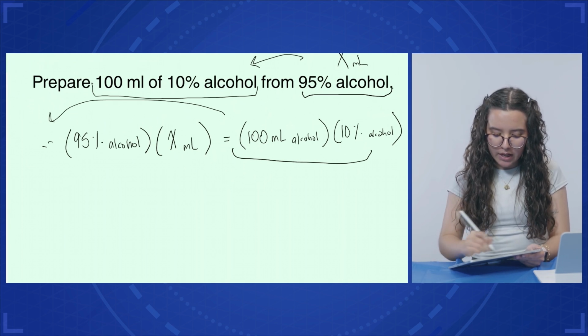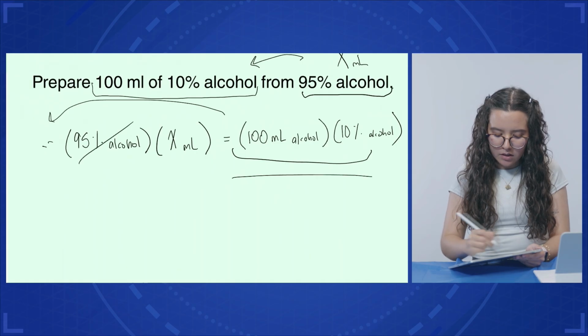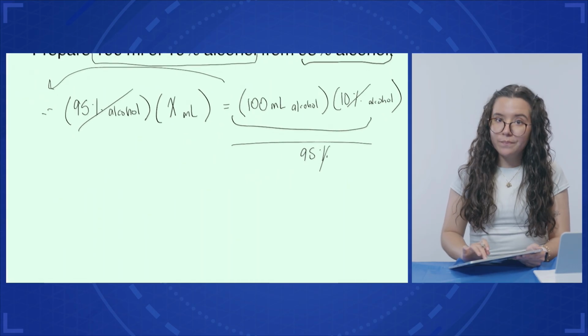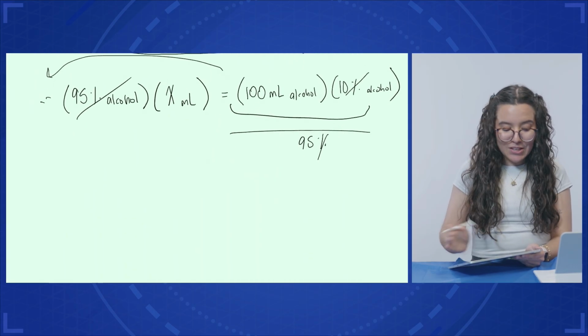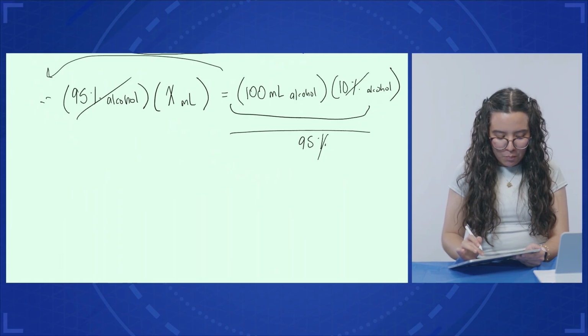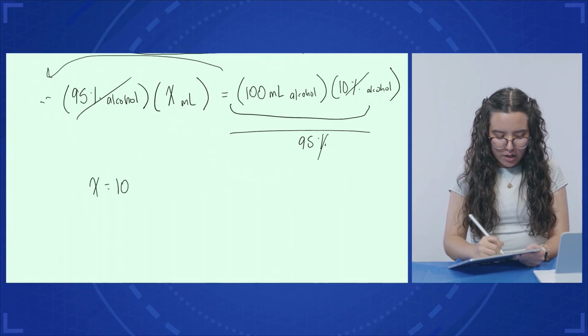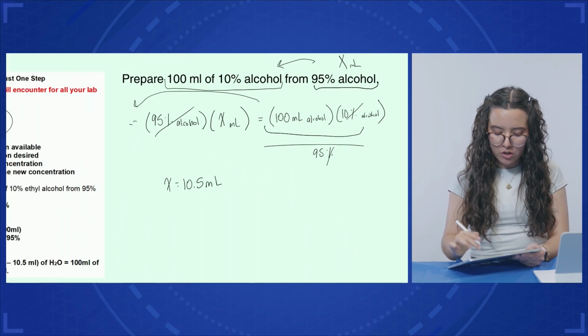We can just go ahead and divide this by 95%. Obviously, these cancel out, and we're left with milliliters. The units match, that's always necessary, really. This leaves us with 10.5 milliliters of our original stock solution.